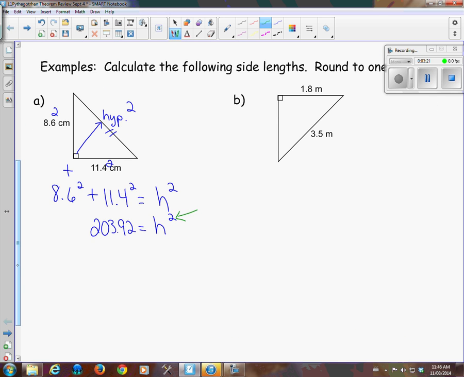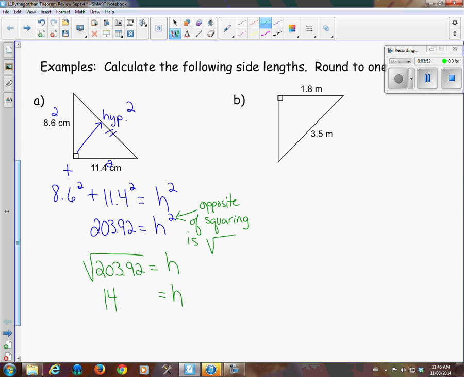I don't want to know what it is squared. So to get rid of that 2, we do the opposite of squaring. And the opposite of squaring is square root. So I will square root the number I just calculated, 203.92, and that will tell me the length of the hypotenuse.